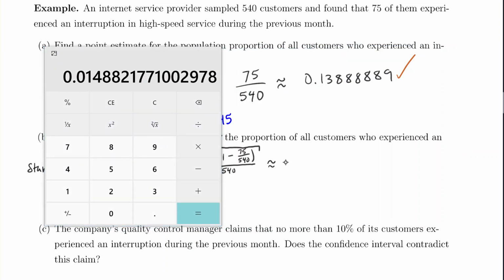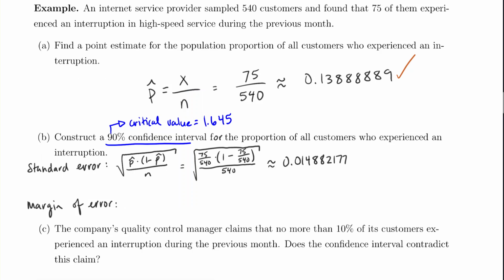And keeping a few of the decimal places, since we're not at the final stage, will give us about this. Next, the margin of error, which is found by taking the critical value that we found above, 1.645, times the standard error, which we just found, multiplying these two together, and we'll get our margin of error.